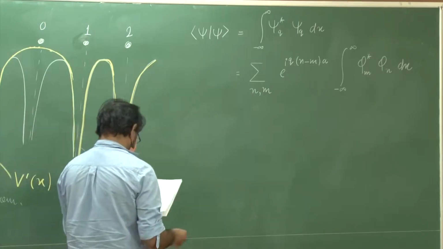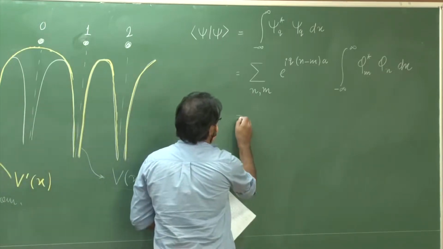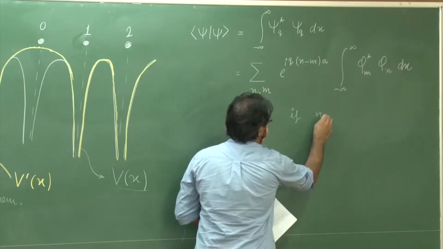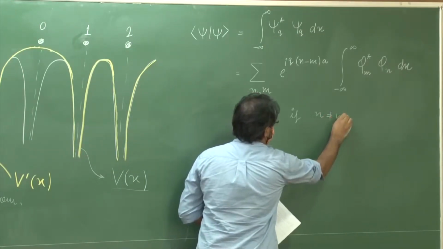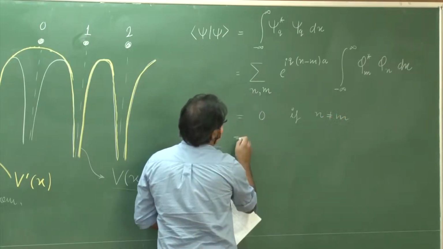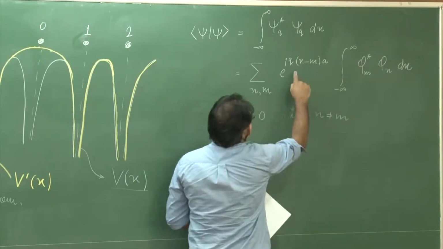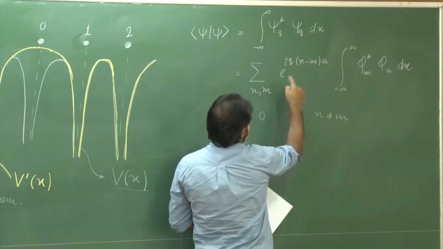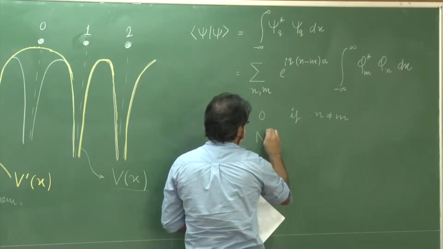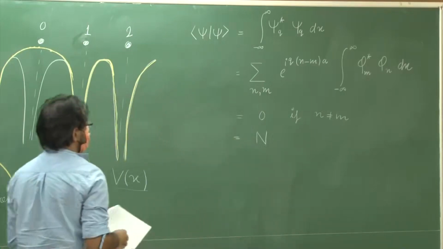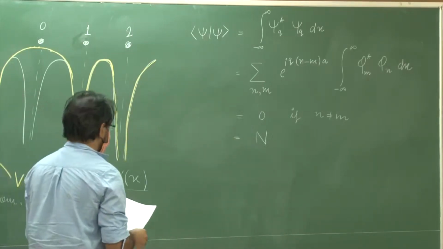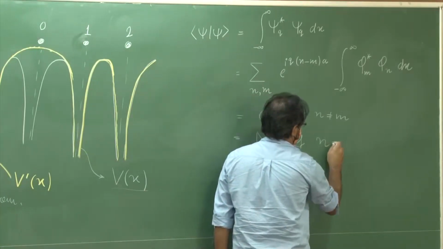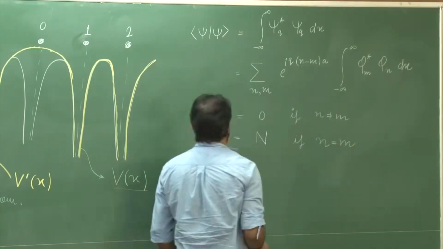So this is equal to 0 if n is not equal to m, and this integral is equal to 1 if n is equal to m. So you are summing over n sites, so this will become N. So the denominator is done.